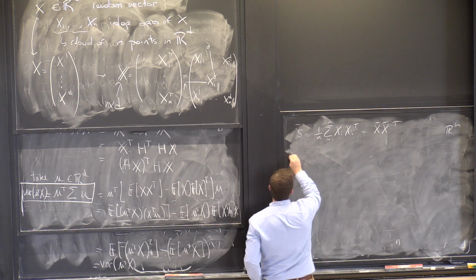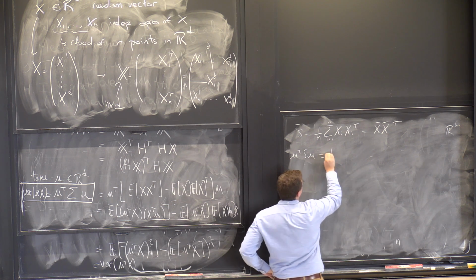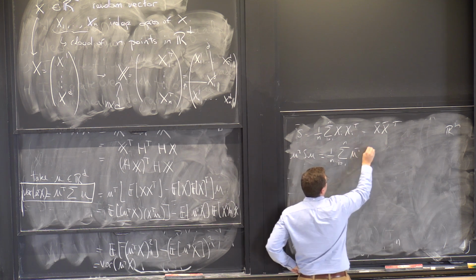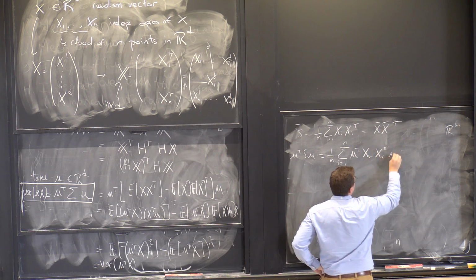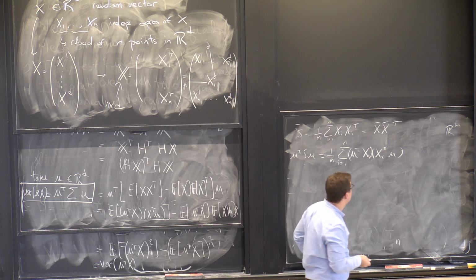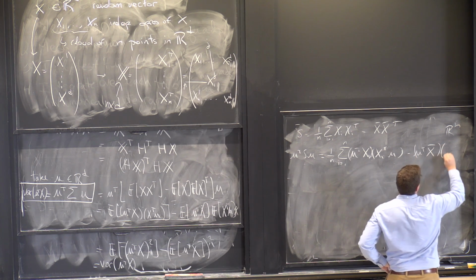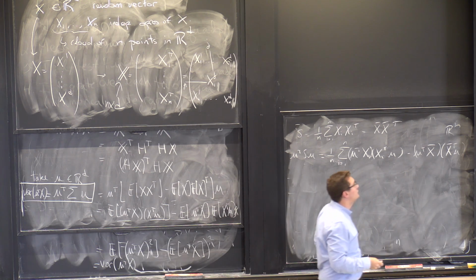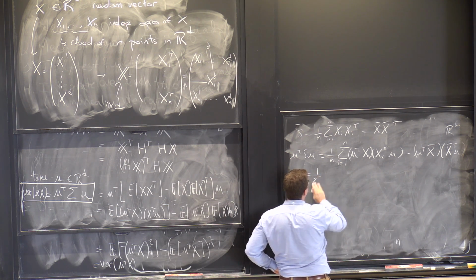So when I do u transpose S u, what it gives me is 1 over n sum from i equal 1 to n of u transpose xi times xi transpose u. All right, so those are two numbers that multiply each other and that happen to be equal to each other, minus u transpose x bar times x bar transpose u, which is also the product of two numbers that happen to be equal to each other. So I can rewrite this with squares.